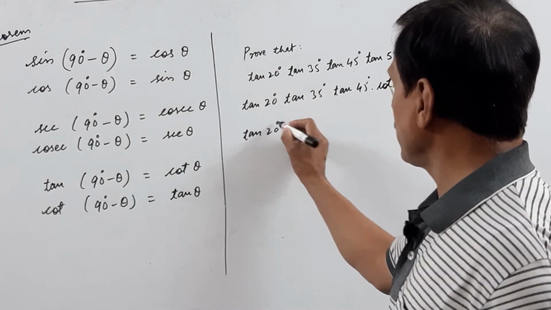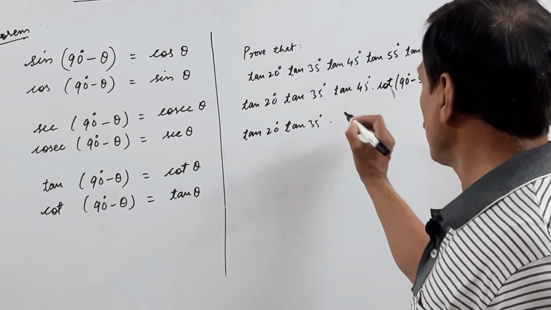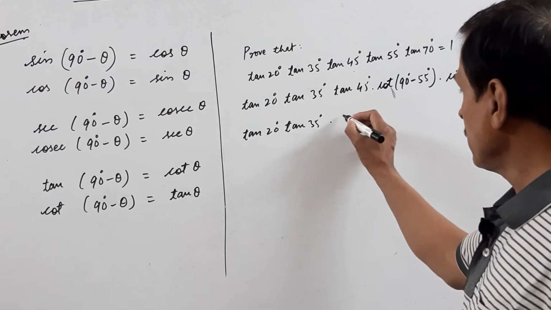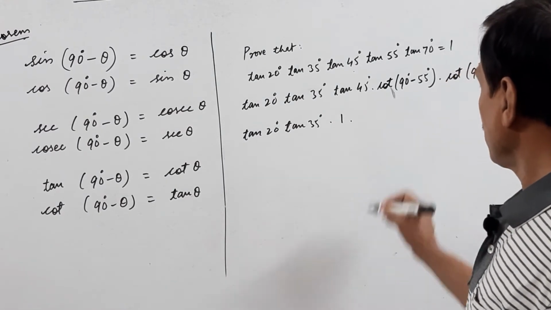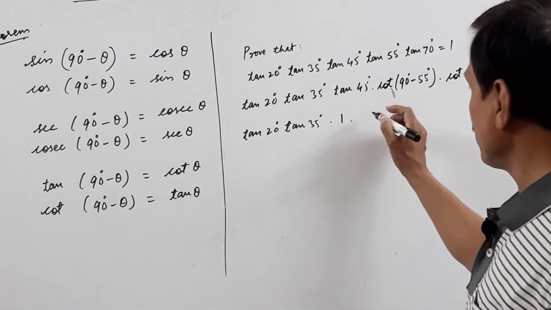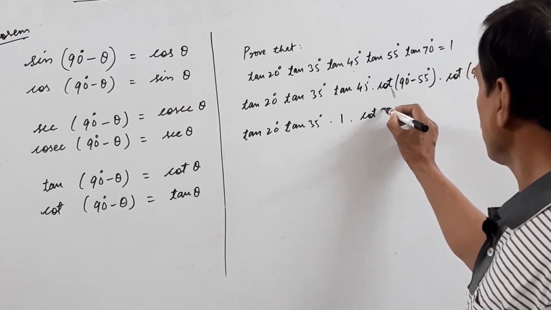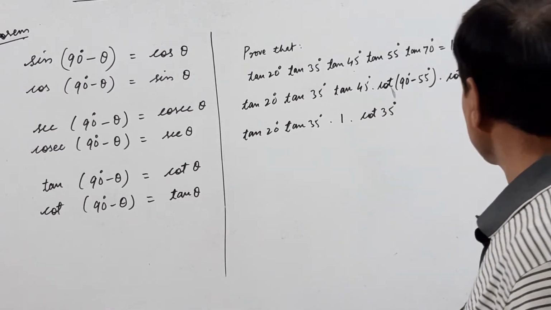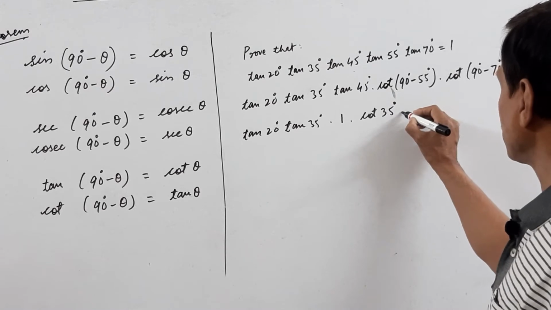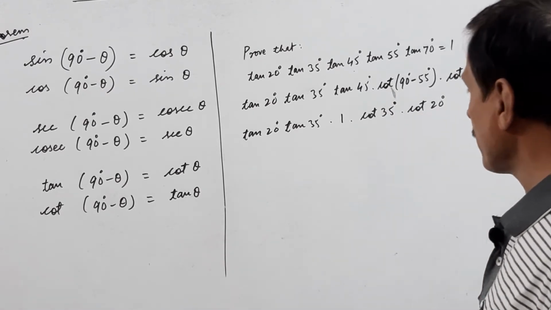Tan 20 degrees, tan 35 degrees, the value of tan 45 is 1, multiplied by cot(90 minus 55). Now we subtract it, we get cot 35 degrees, cot(90 minus 70), 90 minus 70 is 20, so this is cot 20 degrees.